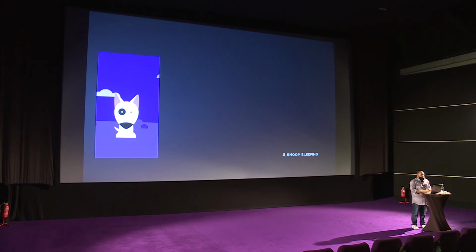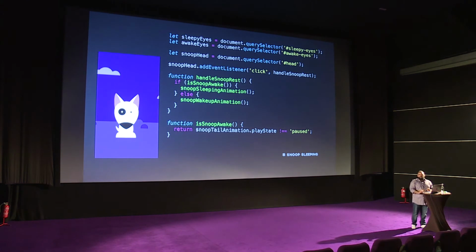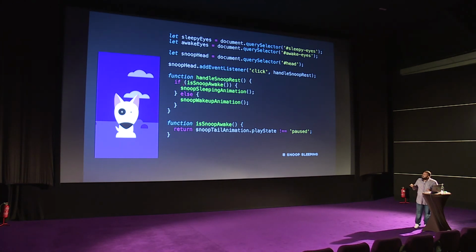And basically what's happening here is that I have to get the elements that I want to animate, and then define this event listener for every time that I click on his head. I call this function here, and in the first line it has this verification, calling this other function called isAwake that will tell me if Snoopy is awake or not.